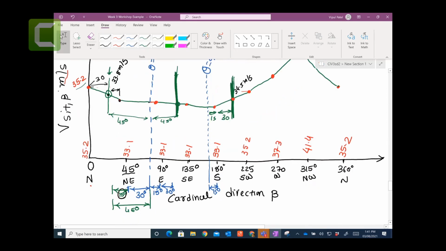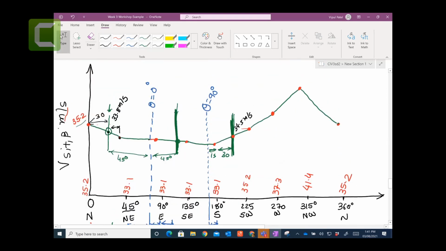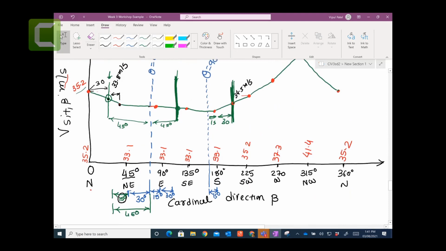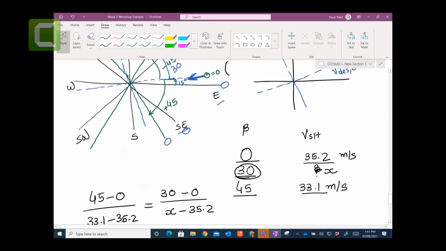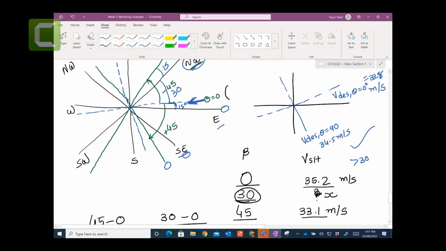For theta equal to 90, the maximum value is 34.5. So here we design theta equal to 90, which is 34.5 meter per second, which is greater than 30. So that is okay. I hope you understand what we are doing.